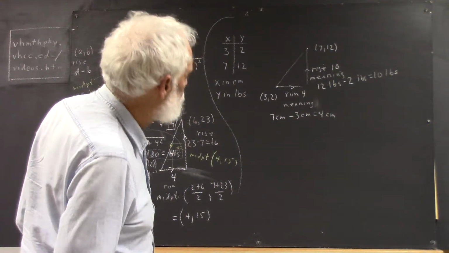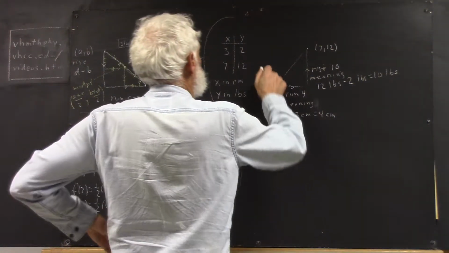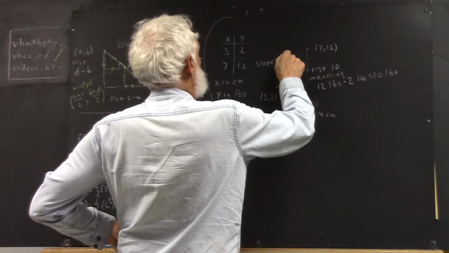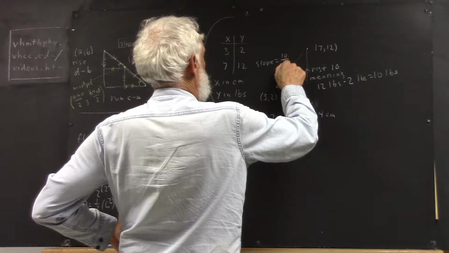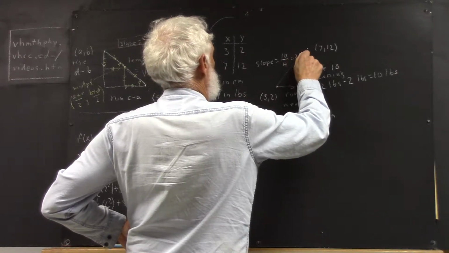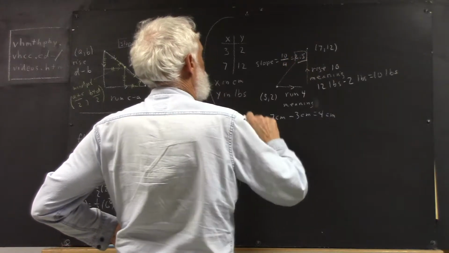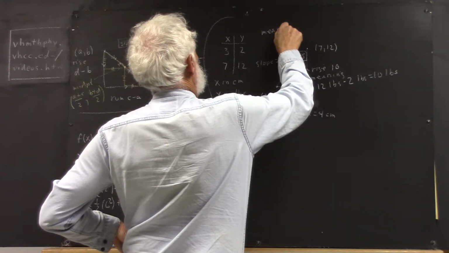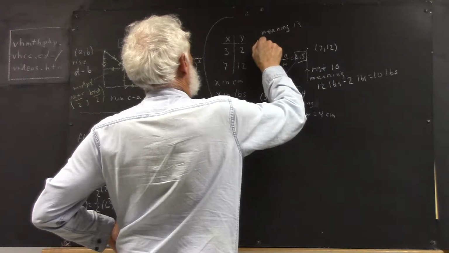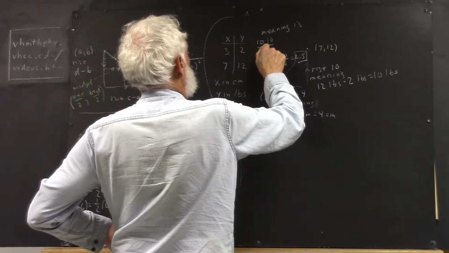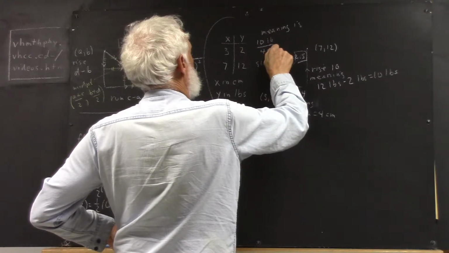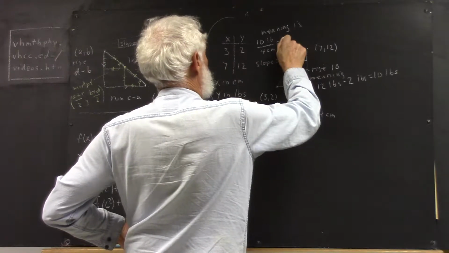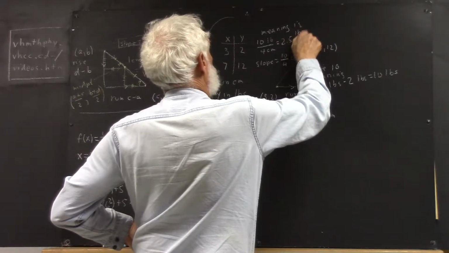So that the slope, which is rise divided by run, 10 over 4, or 2.5, the meaning of the slope is 10 pounds over 4 centimeters, which is 2.5 pounds over centimeters.